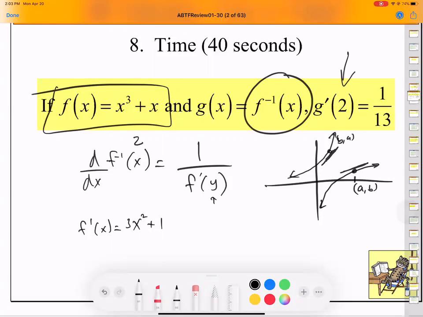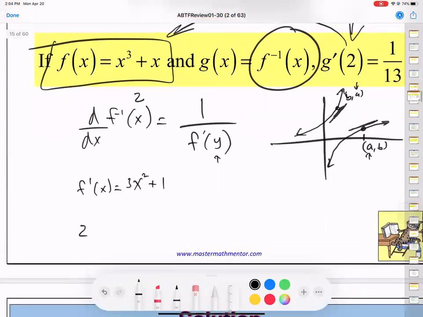So if I'm plugging a here, that's really the y value there. So what x value are we going to plug in? What would the x value be if I solve for that? 2 is equal to x cubed plus x.